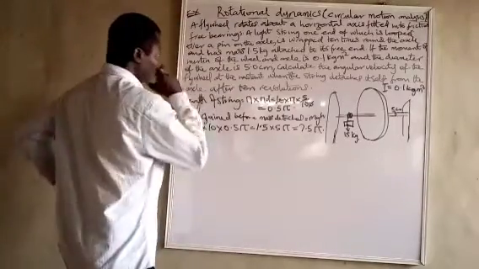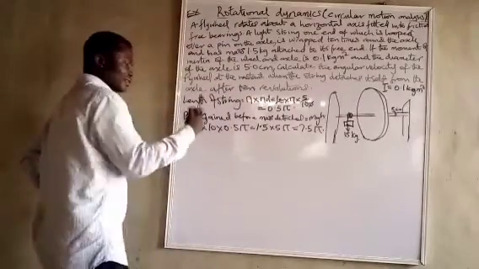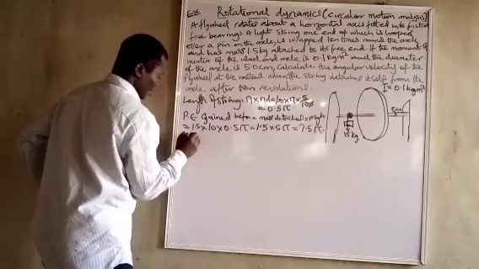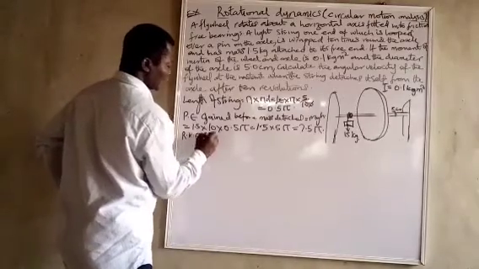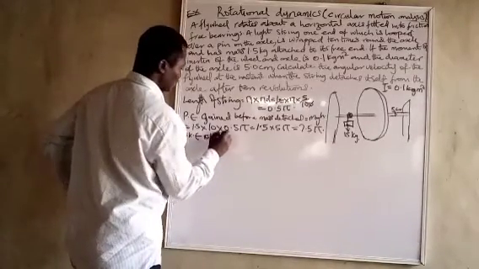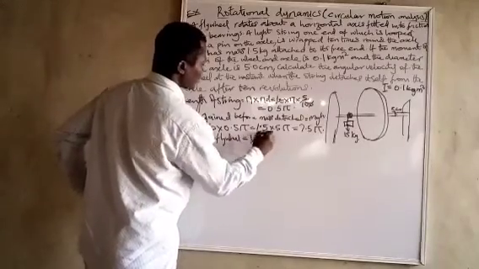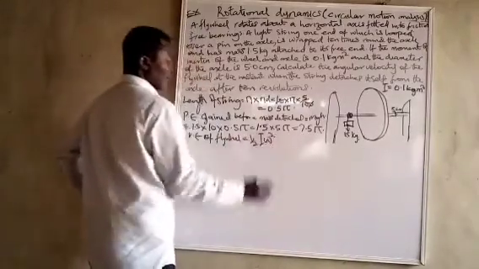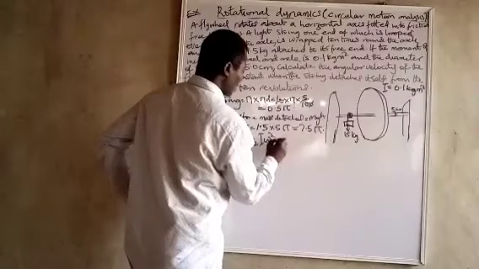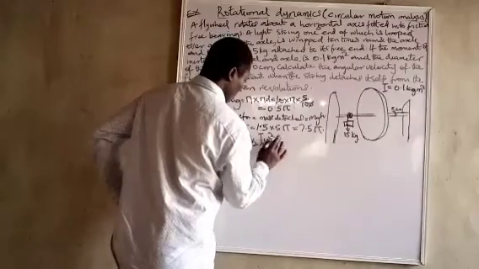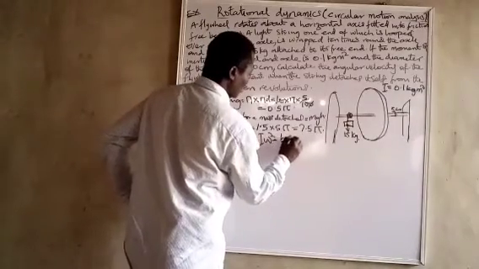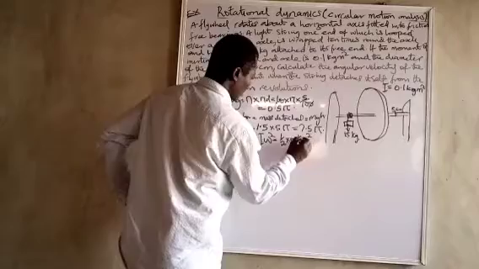7.5 pi. Now, let's calculate the rotational kinetic energy of the flywheel, and that is half moment of inertia times angular velocity squared, and that will be half times 0.1 omega squared.